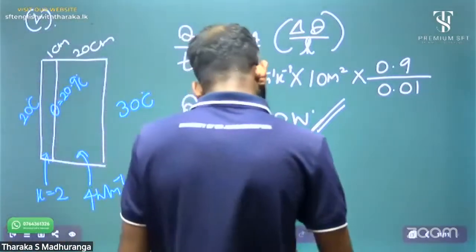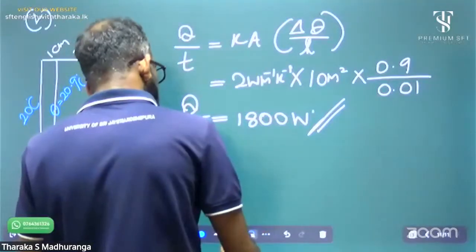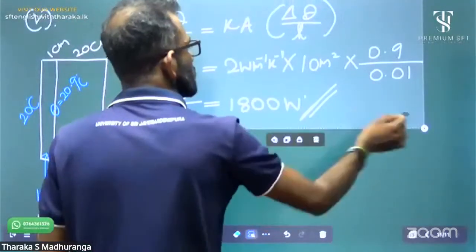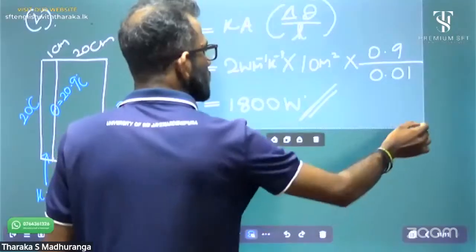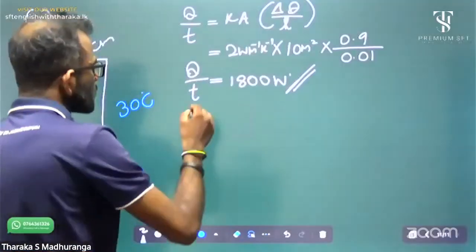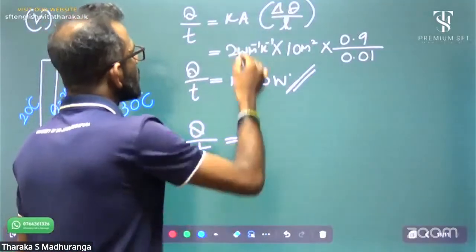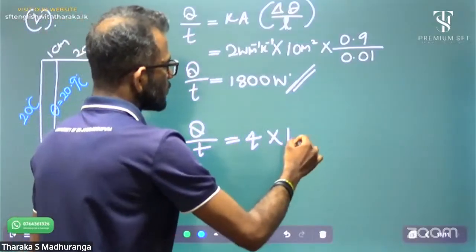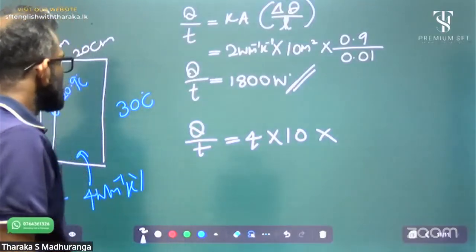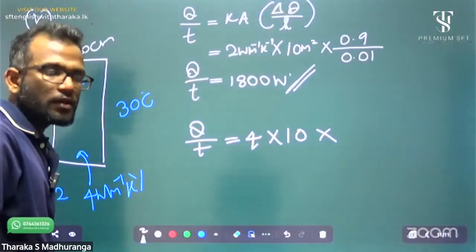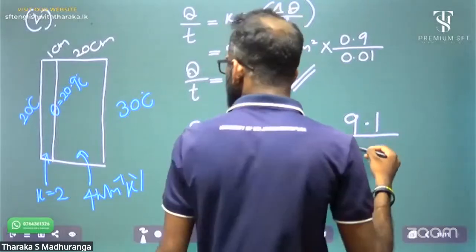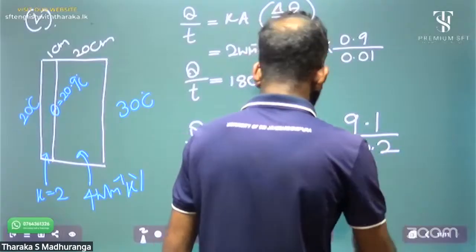If you want, you can take the other layer and check, the same answer. If you go to the wall, I'll show that too. Q over t, the thermal conductivity 4, cross section area 10, 30 minus 20.9, that is 9.1, thickness 0.2.